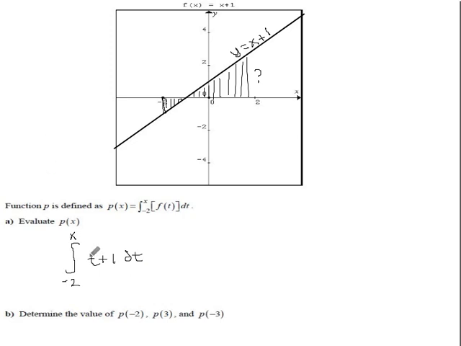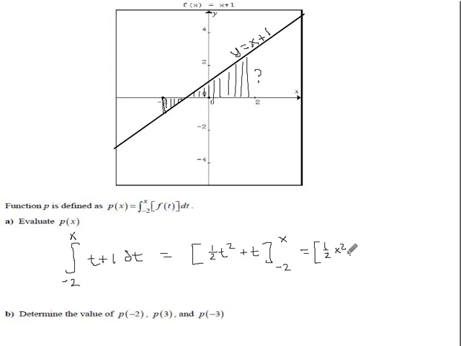So we do an antiderivative as we have been taught. The antiderivative of t is 1/2 t squared. The antiderivative of 1 is t. And we evaluate that from -2 up to x, whatever that is. So when we plug x into this, all that happens is some letter switching.